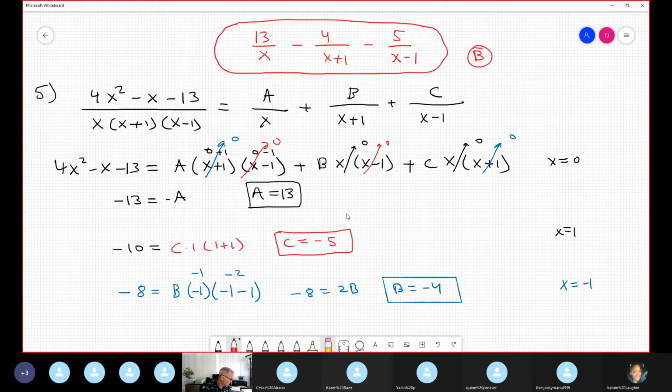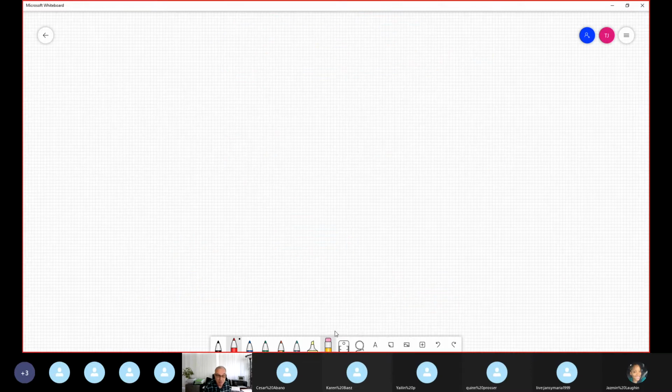You can check your partial fraction decomposition in Wolfram Alpha. In the algebra part, you open the box and put partial fraction decomposition, and inside the parentheses you copy the expression, press enter, and Wolfram Alpha does it automatically.